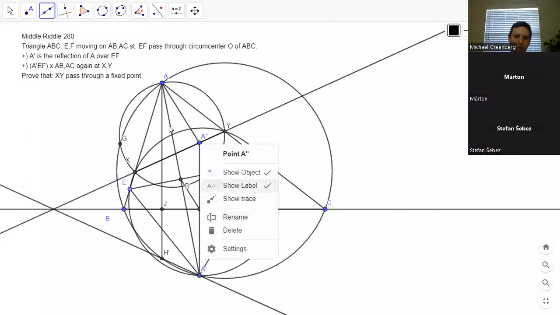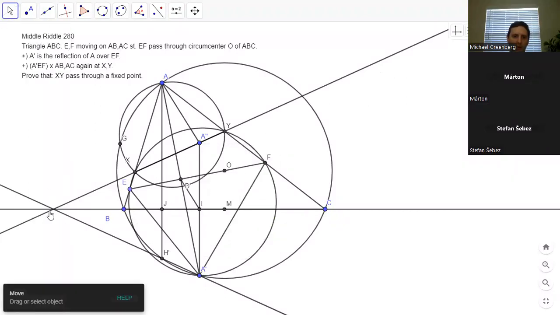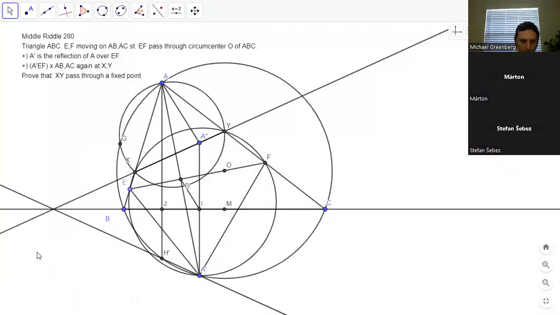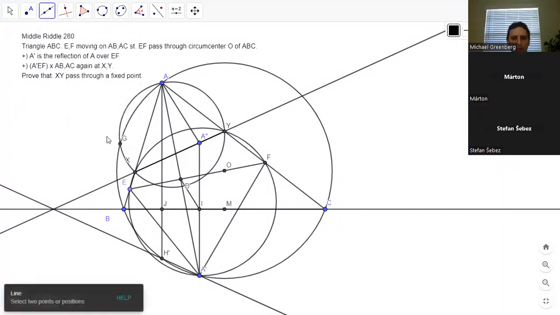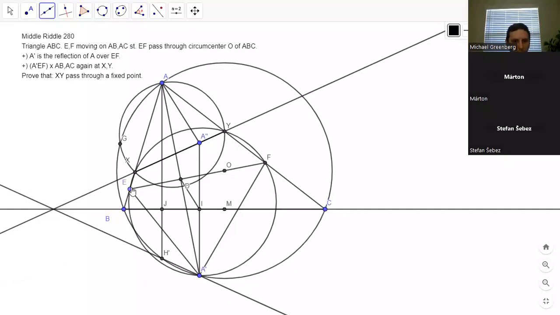So yeah, let's say we don't know A double prime Y is on this yet. We just want to show X, Y, B, C, and A prime H prime concur. What we could do, you calculate the angle with which lines AB and A prime H prime make.